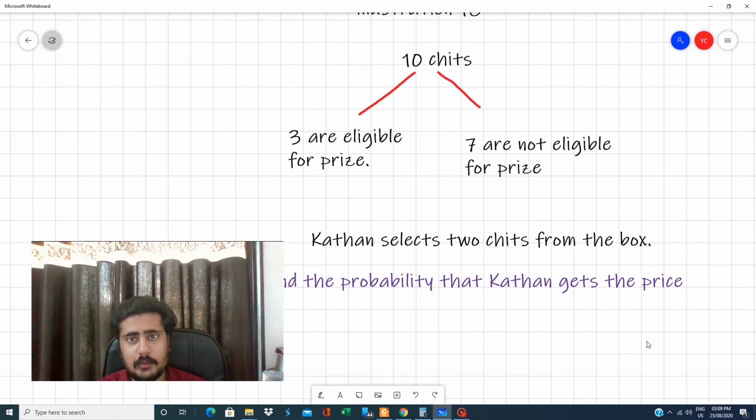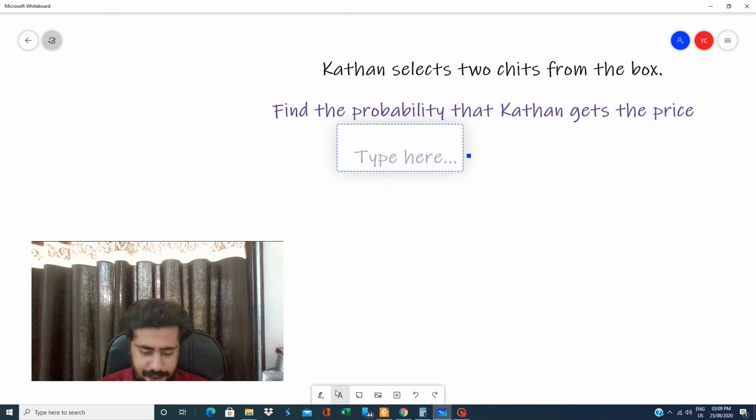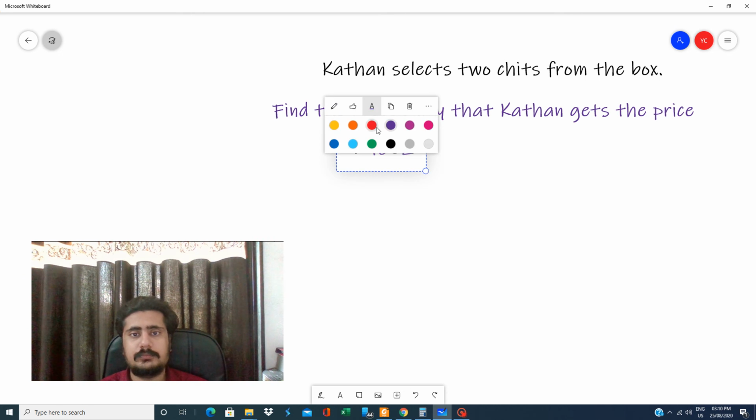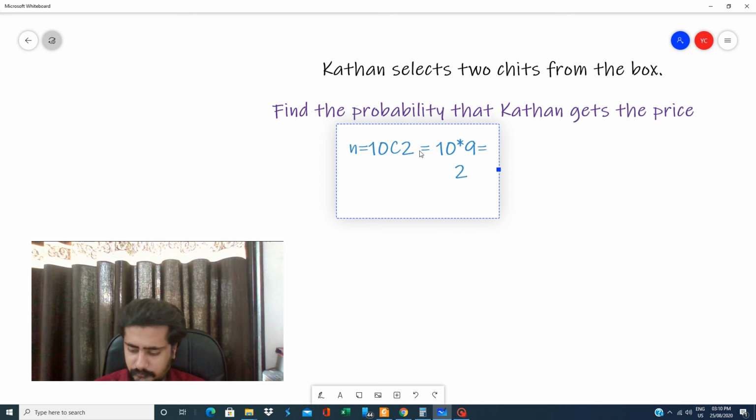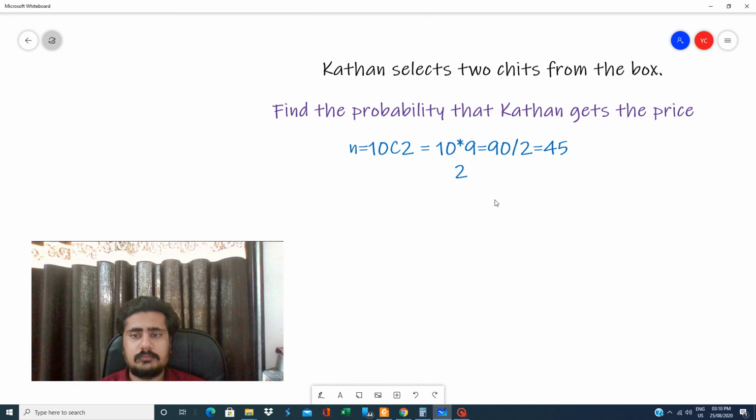Now, out of 10 chits, Kathan is selecting two chits, so your total possibility is 10C2. 10C2 is 10 into 9 upon 2 into 1, so your total possibility is 45.